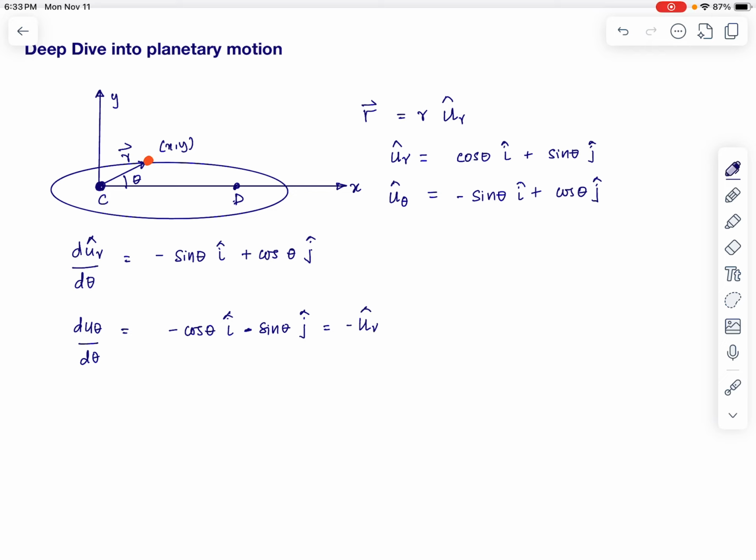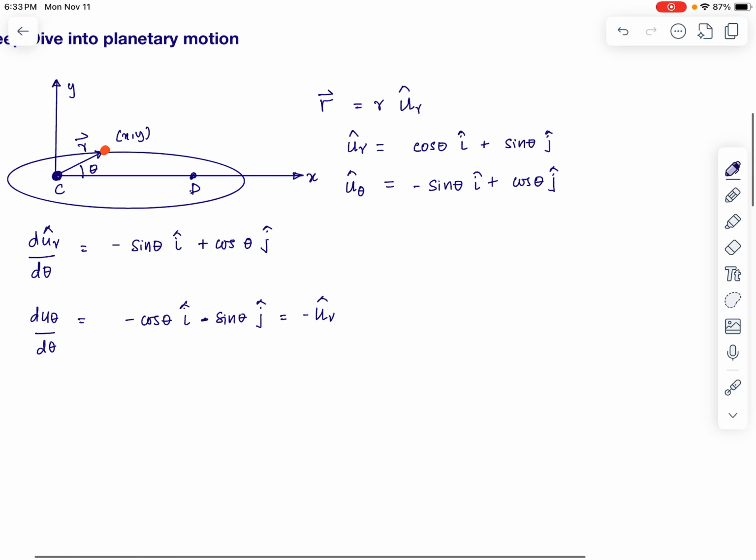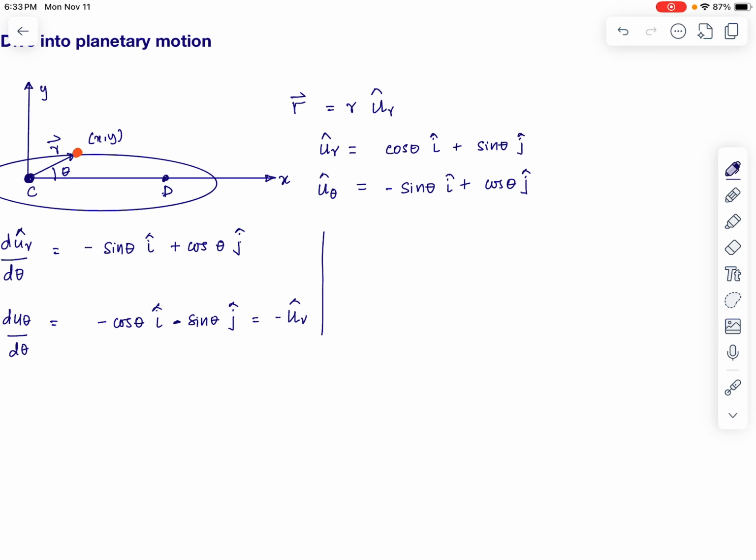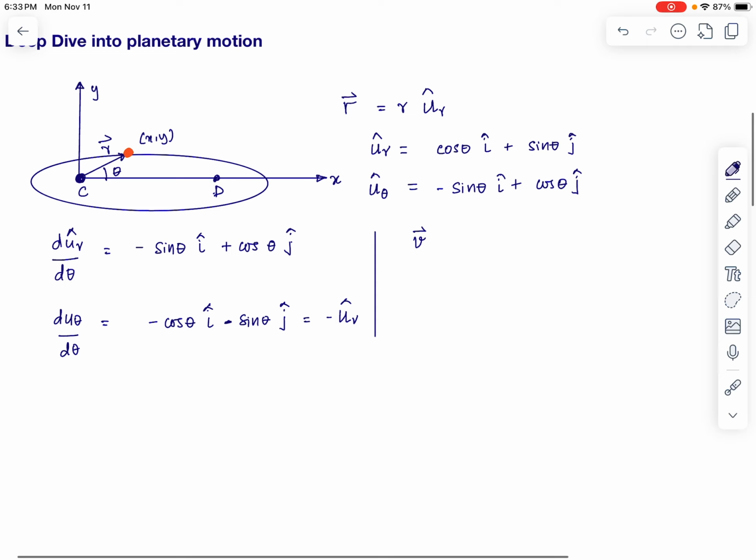Now let's leave this aside and look at finding the velocity. The velocity is nothing but the derivative of r with respect to time, dr with respect to time, in vectorial form.